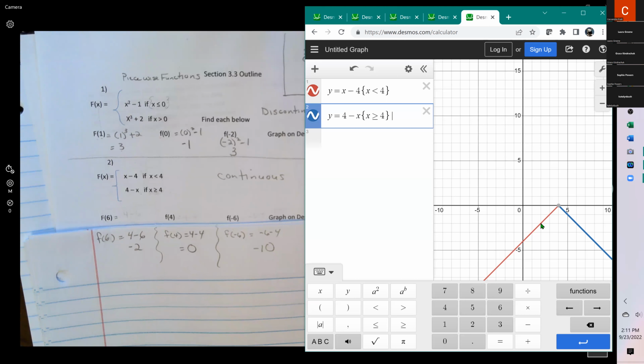Okay, now to see if it's continuous or not, we trace it. And we never have to lift up our pencil because this is colored in from the equal to part. And it keeps going. So this graph is continuous. It doesn't have the breaks like the last one did. Any questions on that?